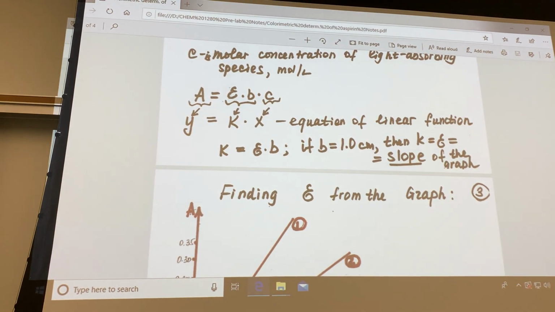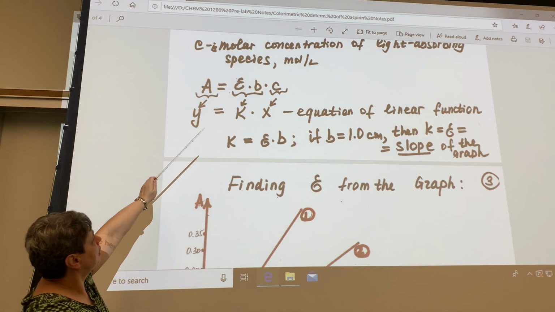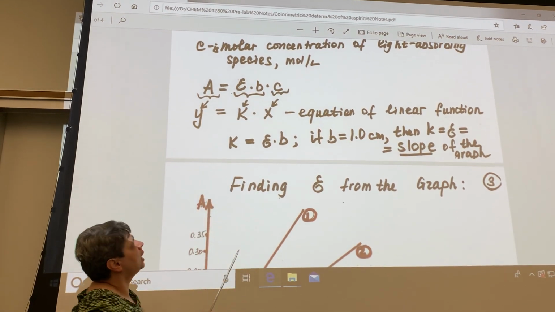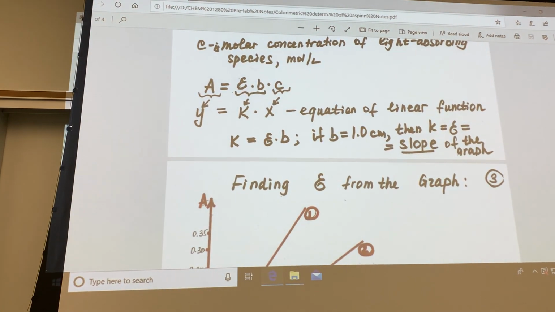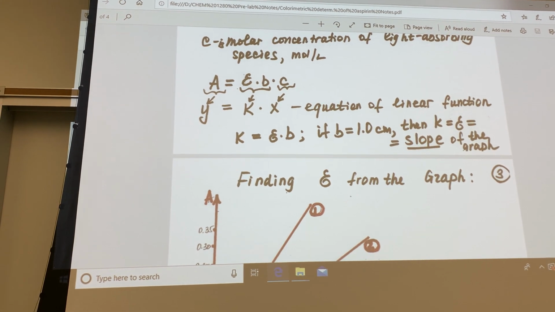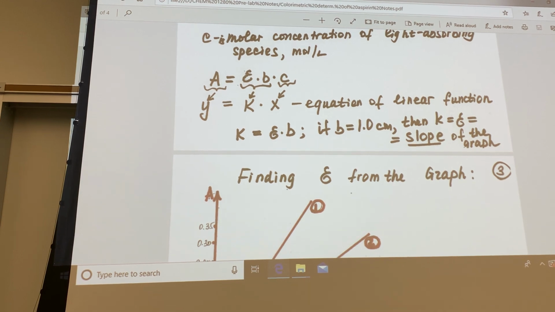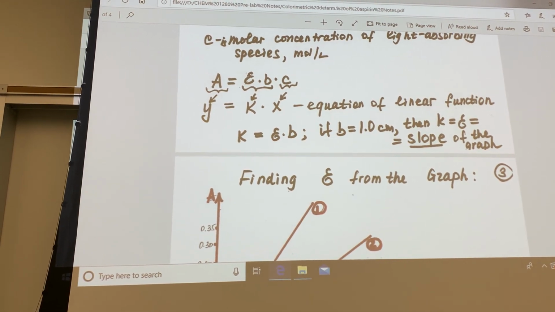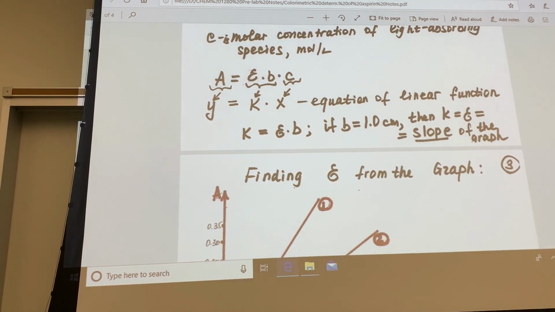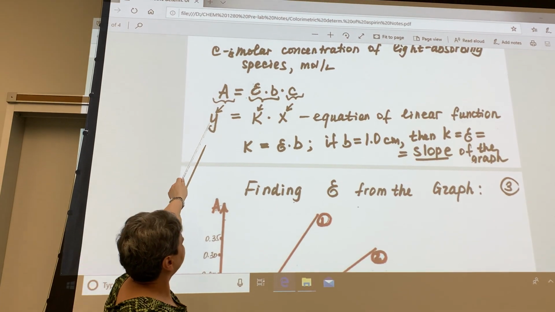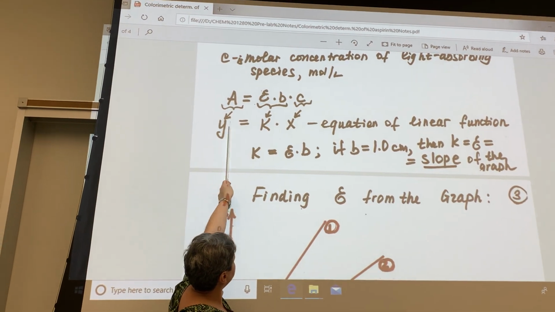So the meaning of molar absorptivity, expressed by this epsilon here, is the slope of the graph, which of course shows how steep the relationship is and how much of a change in absorbance a change in concentration causes.